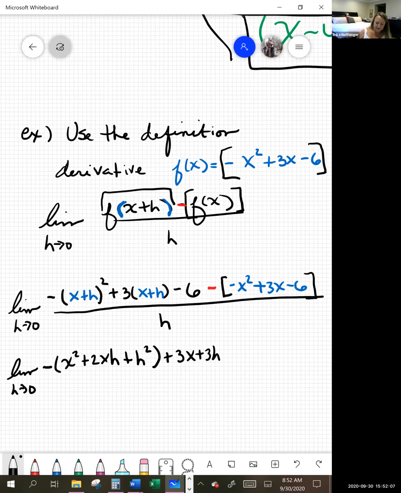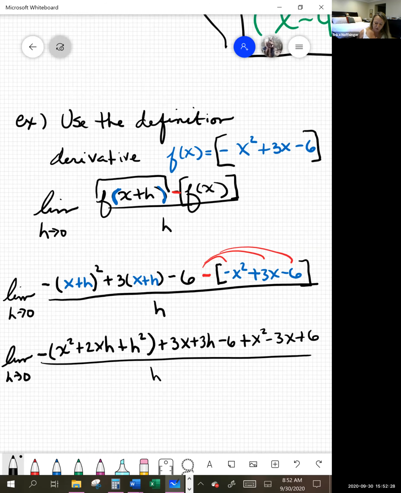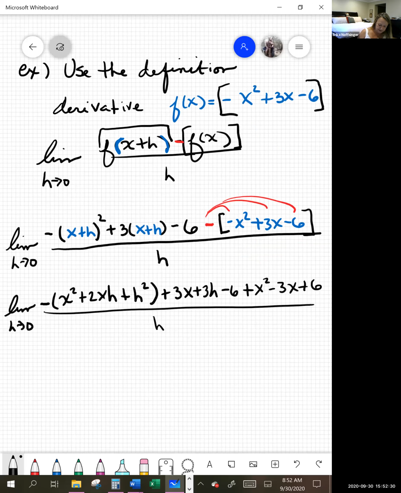Bring down our minus 6. Distribute your negative. So we get plus x squared minus 3x plus 6. Okay, so things normally clean up really nicely.